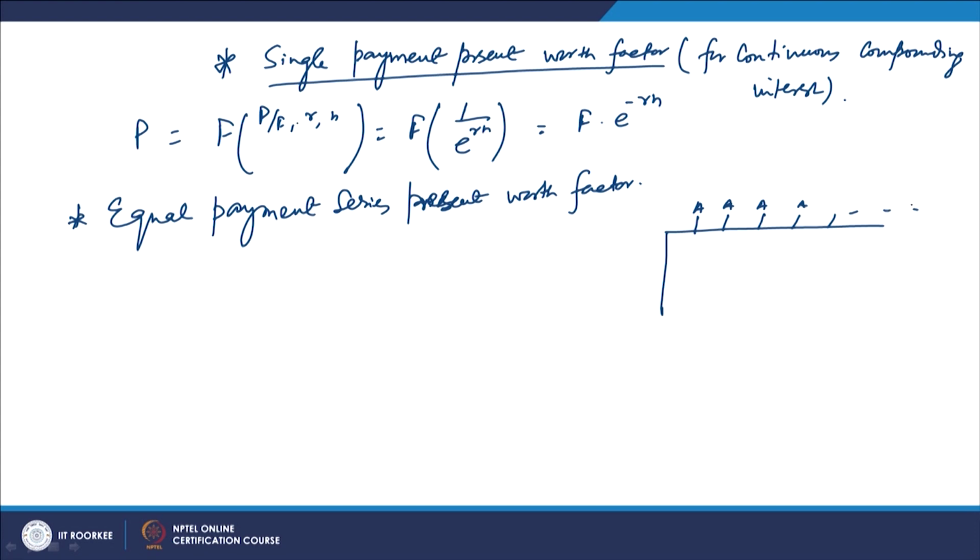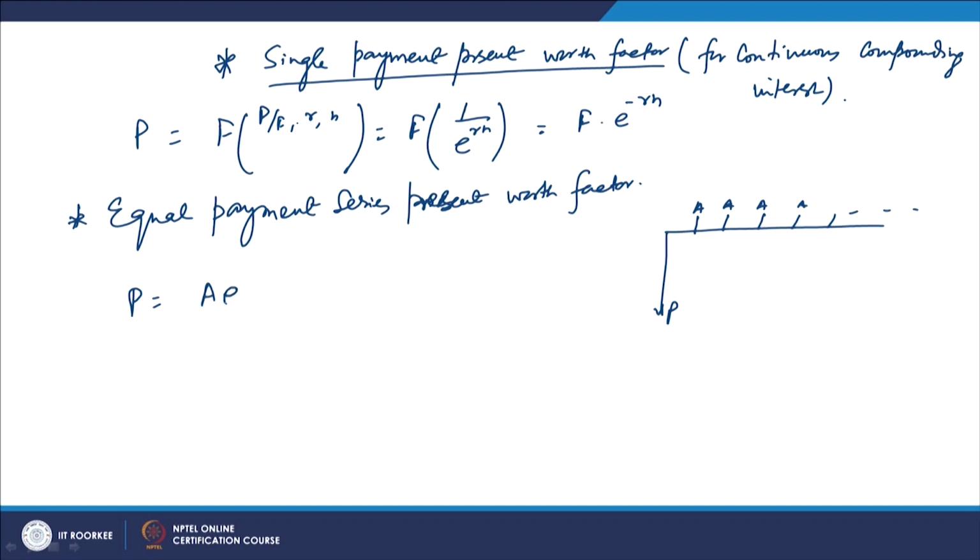If you try to find the expression for P, the total present worth value will be the sum of the individual present worth values for these deposits. Now this will be for the A which is occurring at 1.